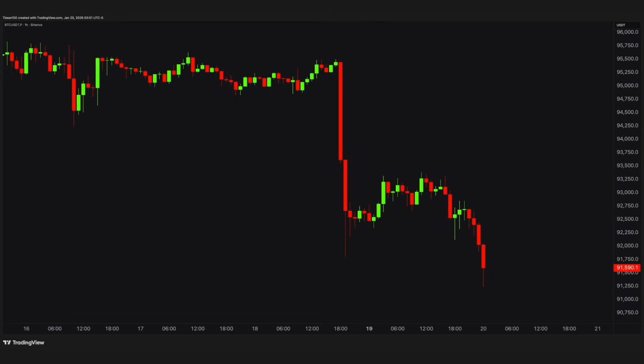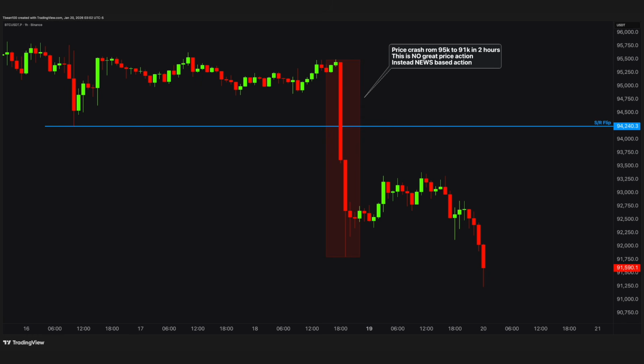For example, Bitcoin had this pretty incredible crash recently, dropping from 95k down to roughly 91k in 2 hours. Now, honestly, I do not enjoy crashes like that because this is not really clean price action in my view. This kind of move is basically news-based, a global reaction crash, instead of something driven by natural price action.